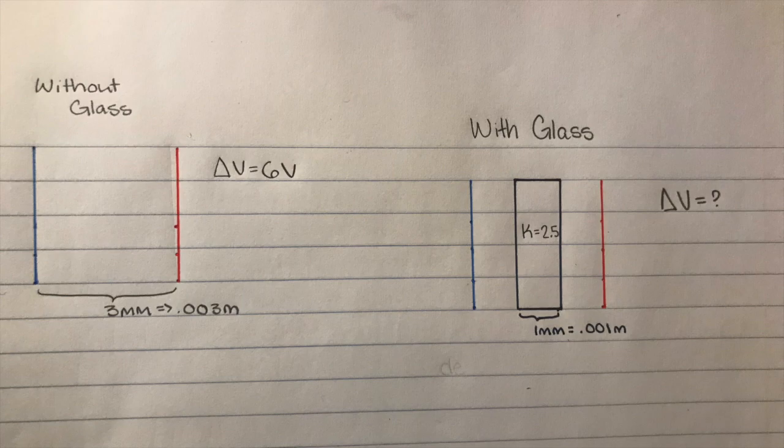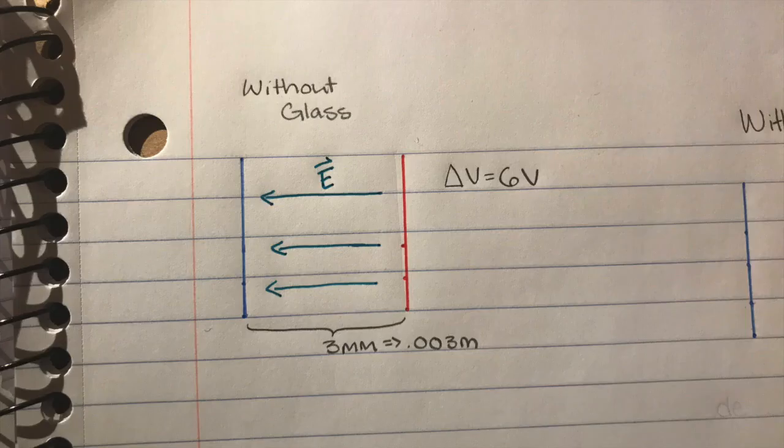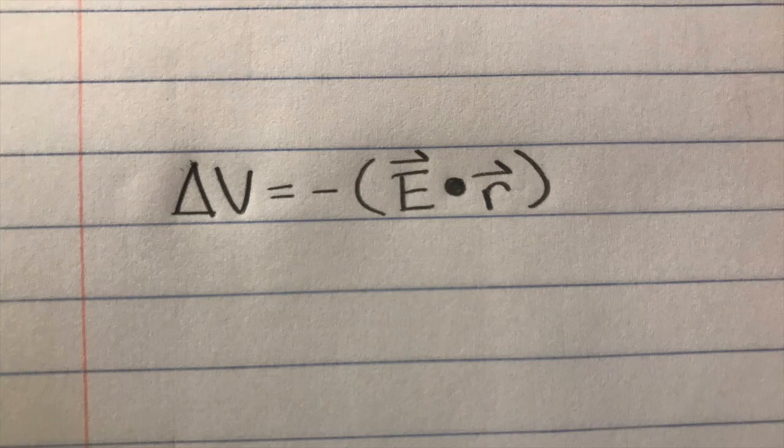In a capacitor, the electric field points in the direction of the negative plate. Knowing that, we can use the initial potential difference and the potential equation to solve our problem. The potential equation is the negative electric field dotted into the difference of position.